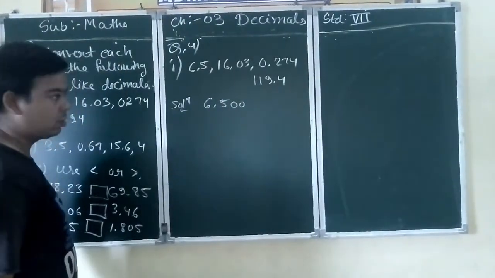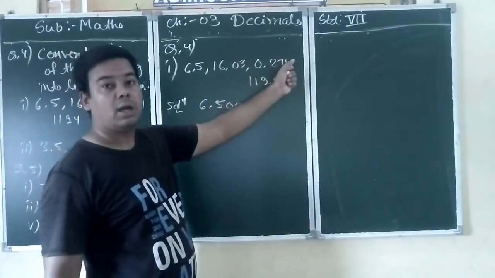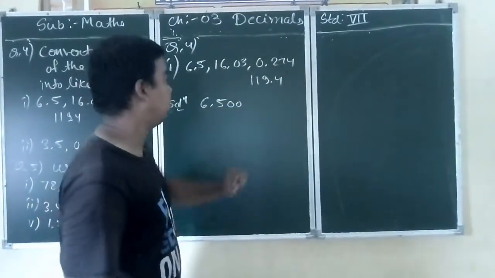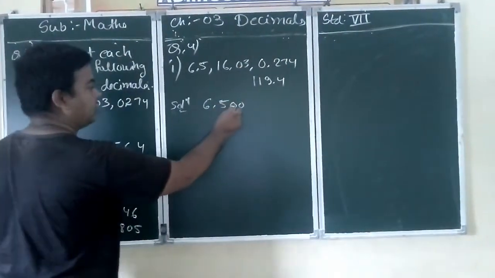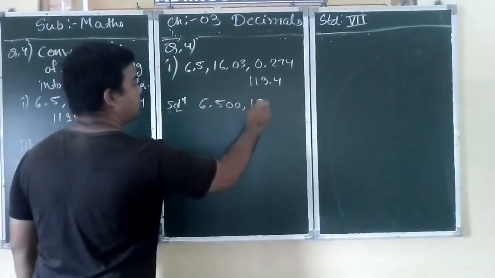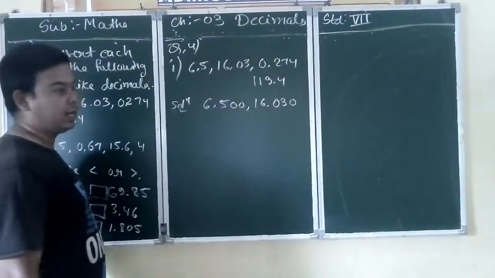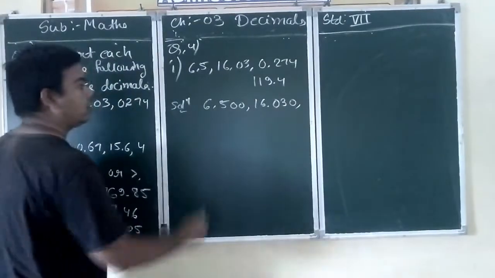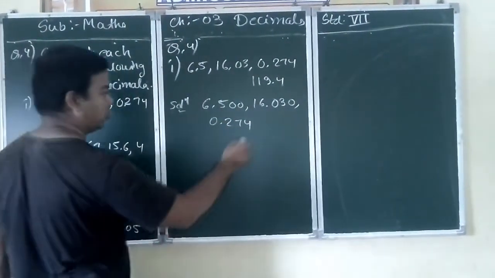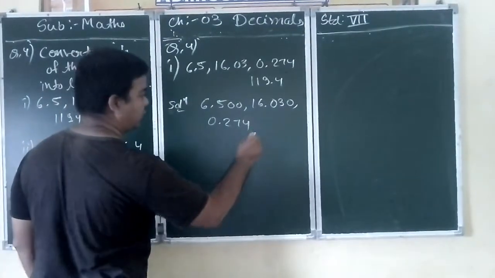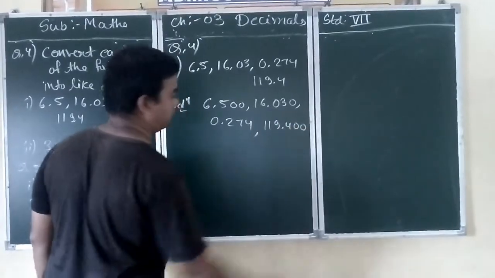So how do we write them as like decimals? 6.500, because in these numbers the highest number of decimal places is thousandths. 16.03, we put only one zero here. Then 0.274 is already enough. And 119.400.